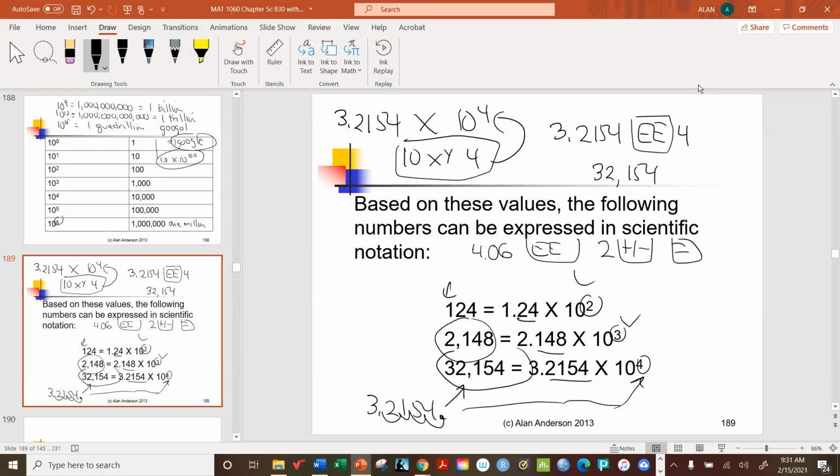Let's check this out. 4.06 EE negative equals, there you go. As we'll see in a few minutes, that would be 0.00406. So either plus or negative. Just remember that EE button means raise 10 to that power.